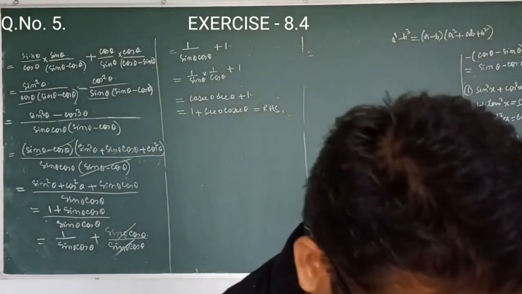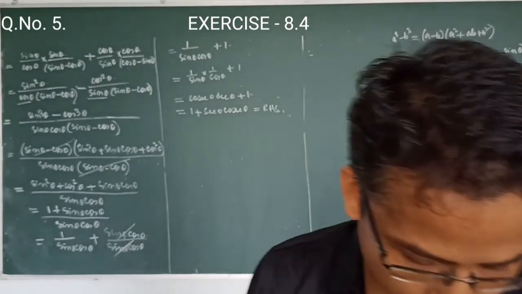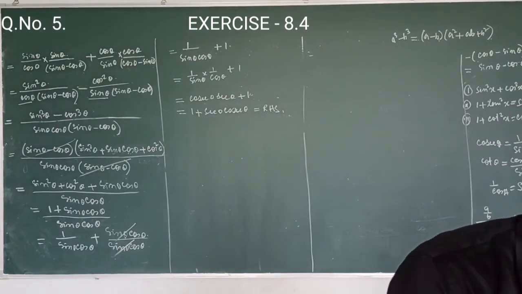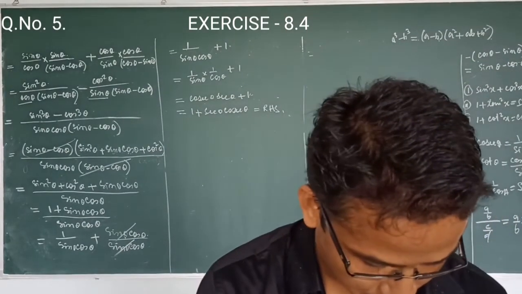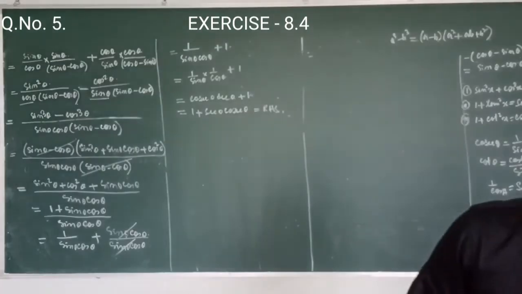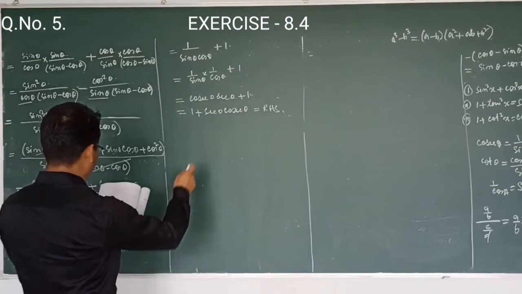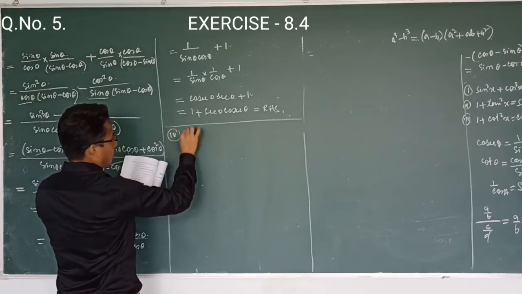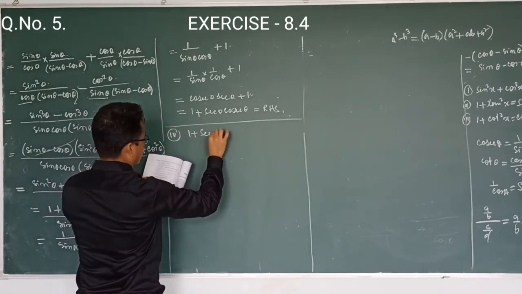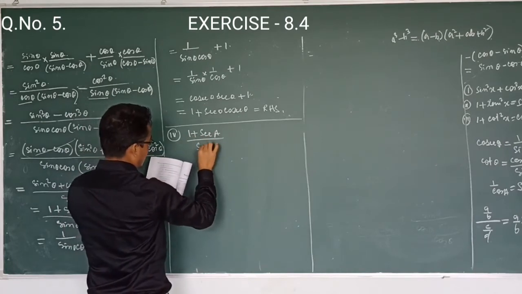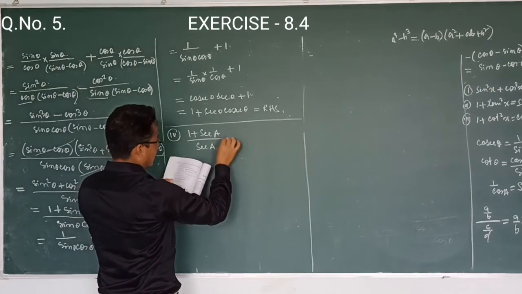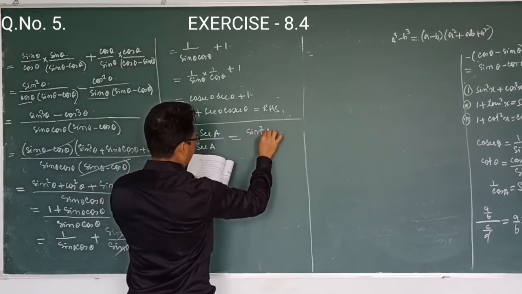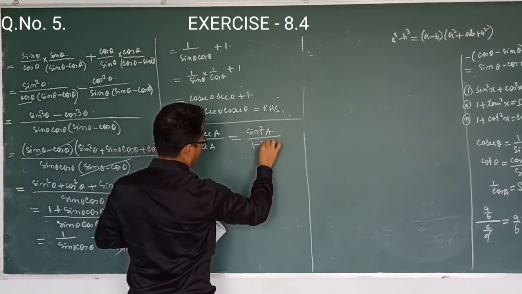So let's see, in question number 4: 1 plus sec a by sec a, equal to, we are going to prove, sin square a by 1 minus cos a.